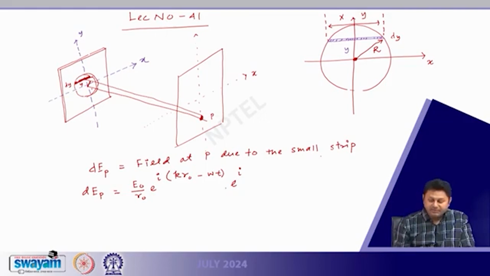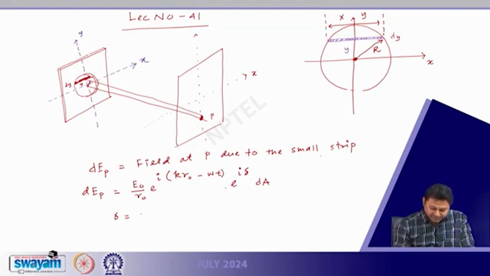I draw that path difference, and it leads to an additional phase that we need to encounter over the area dA. So this is the intensity of the electric field per length, and this equation gives the total electric field due to this strip.